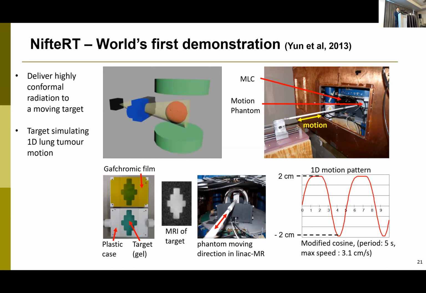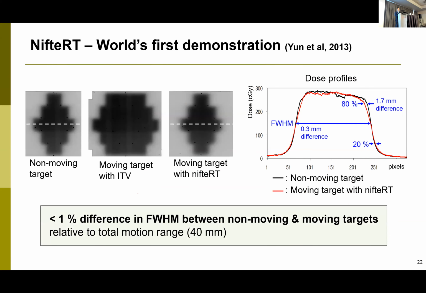And I was able to follow the target only with the radiation, controlling the MLC. So I was doing imaging and irradiating at the same time using our prototype linac-MR system, as you see here, right? So here's my target. I have a gel that is an MRI target, and then I inserted the film so I can measure the radiation exposure. And here's the result.